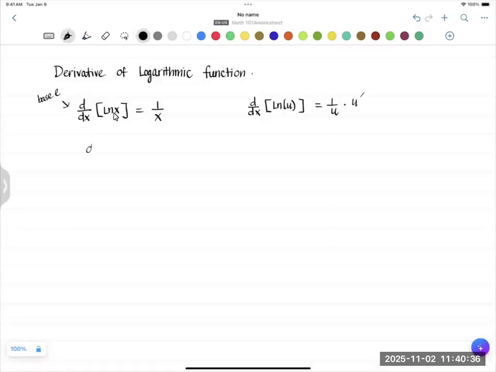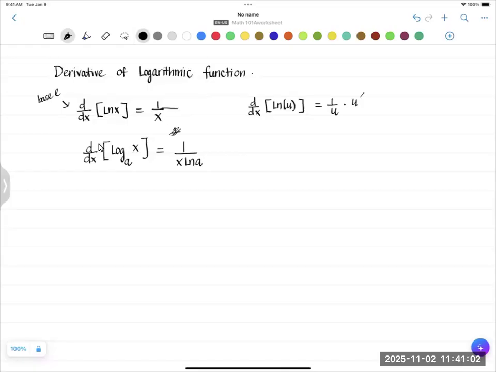Now with any other base, if you have a logarithm base a of x, it's going to be different. The formula will be 1 over x times ln a. The reason you don't have ln a for base e is that ln e is equal to 1, so we don't need to write ln e.